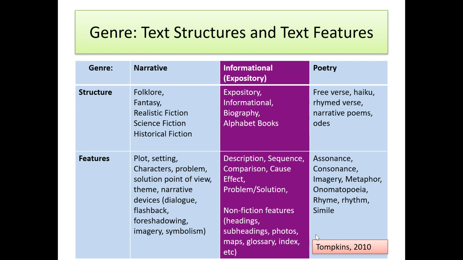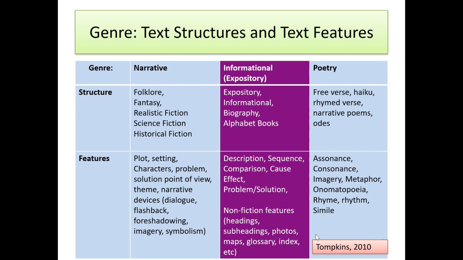So to look at genre structure and genre features, each genre has a different structure and a different feature or different features. The narrative structure, again, we talked about folklore, fantasy, and those other types of subcategories under the narrative genre.